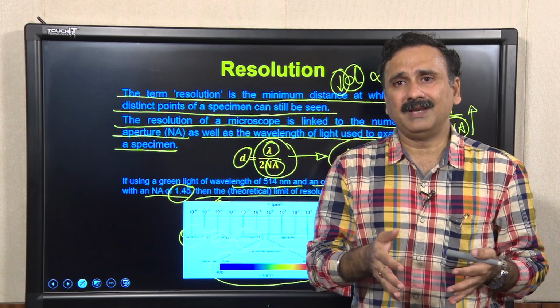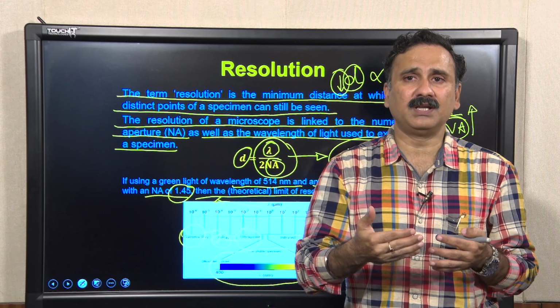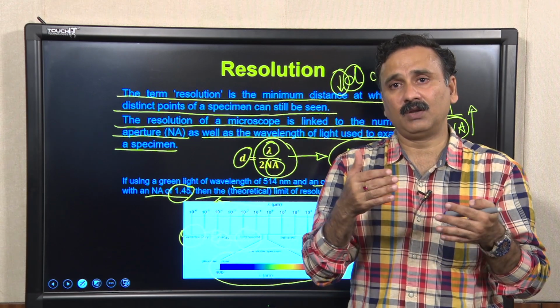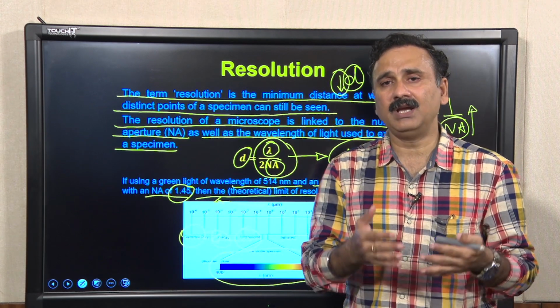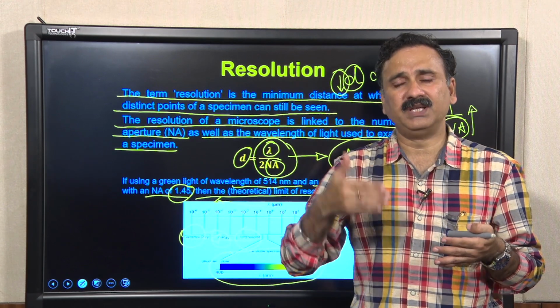The only problem is that when you decrease the lambda, you reach a region which is not visibly active, which means it is not perceived directly by the human eye, and that is why you require an intervention so that you can perceive the signal.